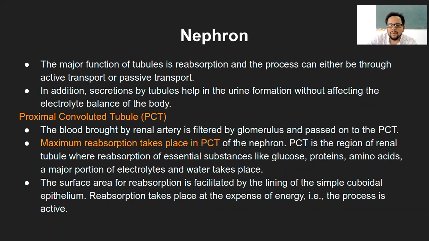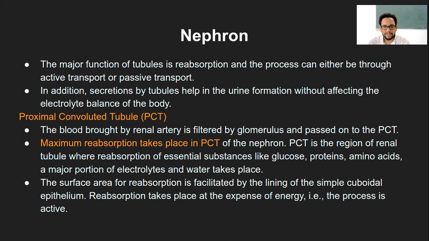And then it is passed down to the proximal convoluted tubule. Now within the PCT, which has the highest concentration of all the nutrients, electrolytes, vitamins and whatsoever, maximum reabsorption takes place in the PCT itself. That is the proximal part of the renal tube.